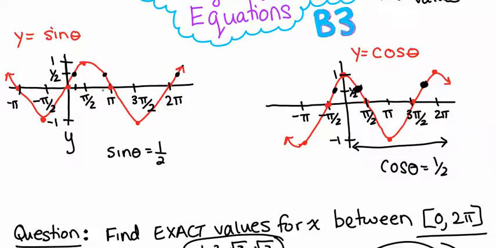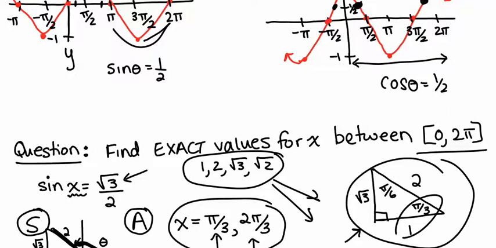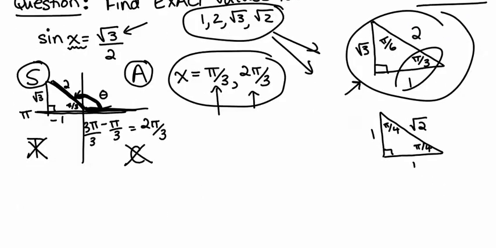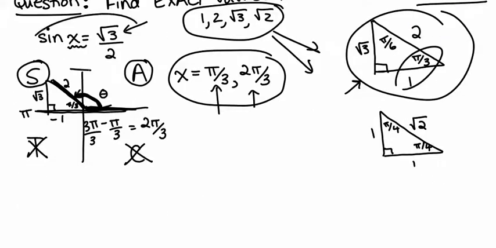It's kind of pi over 3 and 2 pi over 3, so two values, because this is quadrant 1, this is quadrant 2, and you can see quadrant 3 and 4, this section of the graph here, is negative, so that's why we didn't have an answer down there. Okay, so that's how you just basically get an answer for x in a question like that.